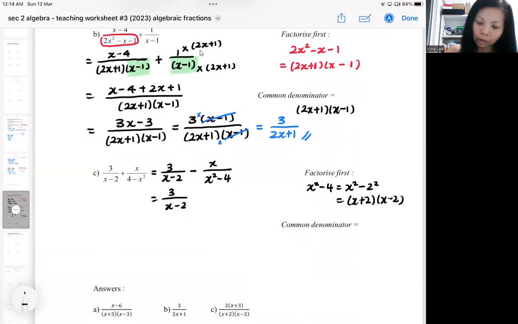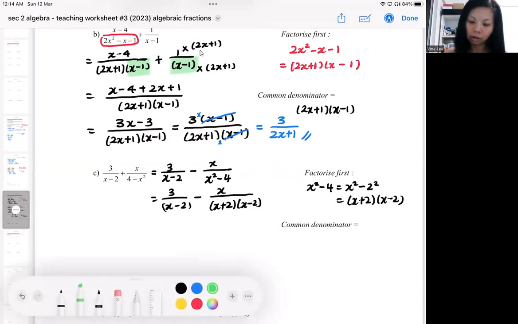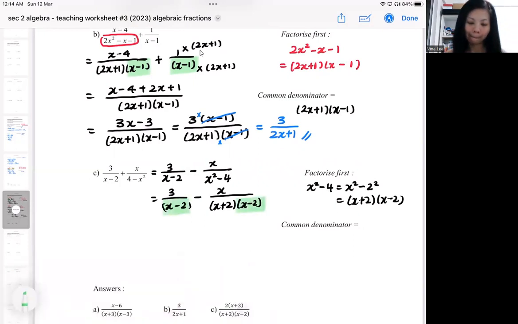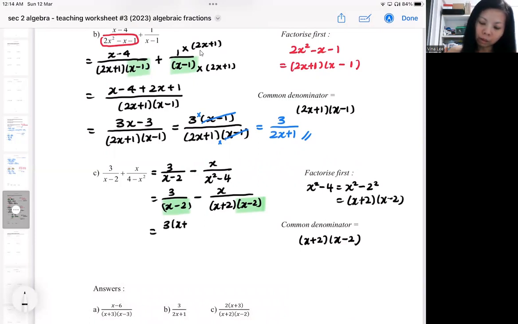Upon factorizing out the negative, the brackets will be nicer, because you can see that there is a common bracket. So the common denominator will be x plus 2, x minus 2. And then I just need to multiply the missing bracket to the top and bottom. When you do that, you can combine into a single fraction.